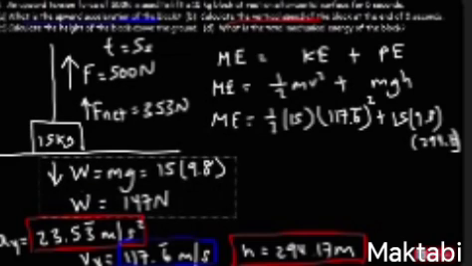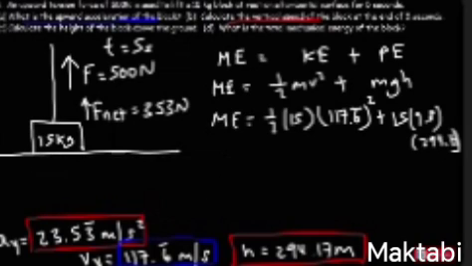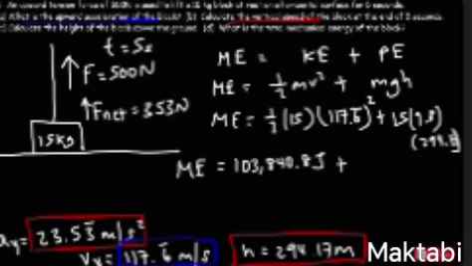All right, I'm going to have to clear away some stuff here. So first, let's calculate the kinetic energy. 0.5 times 15 times 117.6 repeating. Don't forget to square it. This is going to be 103,840 joules, well, 40.8 joules. Now for the potential energy, it's going to be 15 times 9.8 times 294.17.